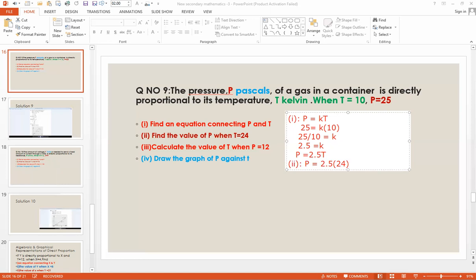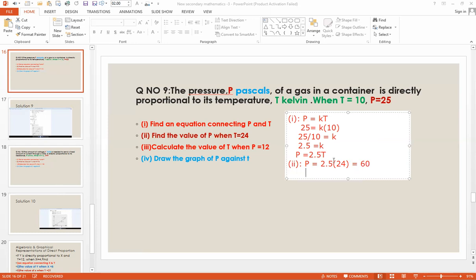Now you just calculate either using a calculator or by doing rough work. You just multiply 2.5 with 24. Just simply multiply it, beta. 2.5 multiplied by 24. Okay. And you will get the value that is 60. So this means when T is equal to 24, the value of P is 60. This means the change in the value of P is 2.5 times.